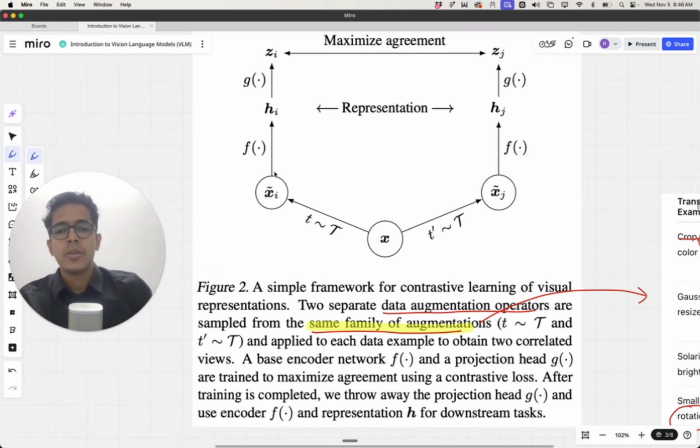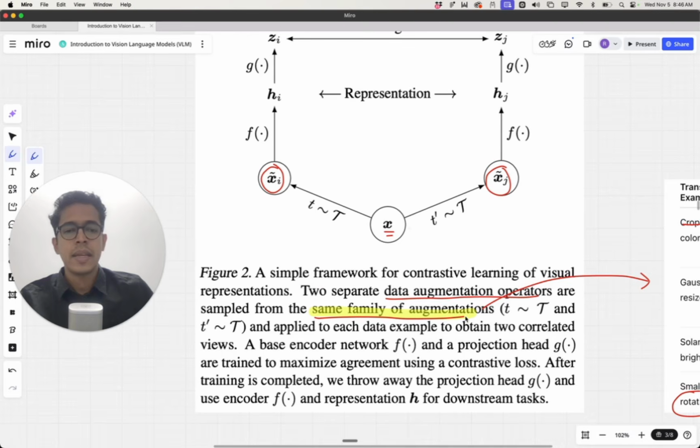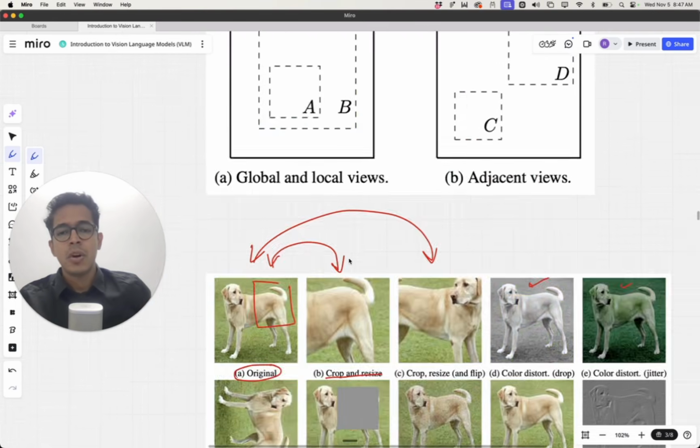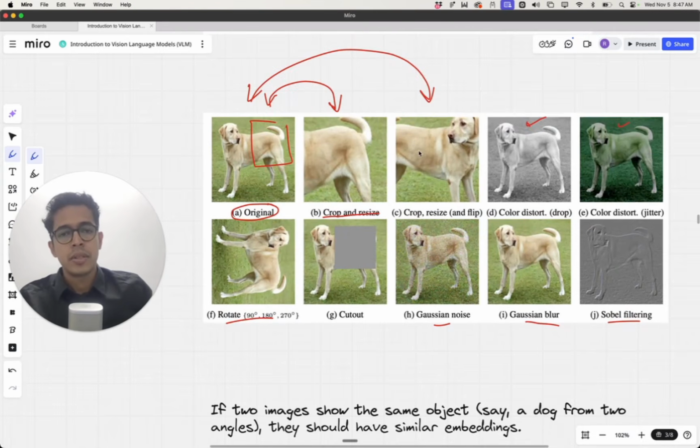So what this image is showing is you construct two augmentations of your anchor image by performing transformations from the same family, and it is applied to each data example to obtain two correlated views. What do we mean by correlated views? Ultimately we are seeing the same image of the dog, but it might be two different views. This is a zoomed in view.